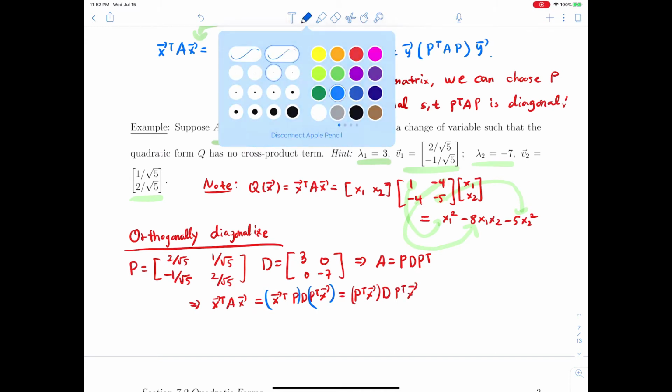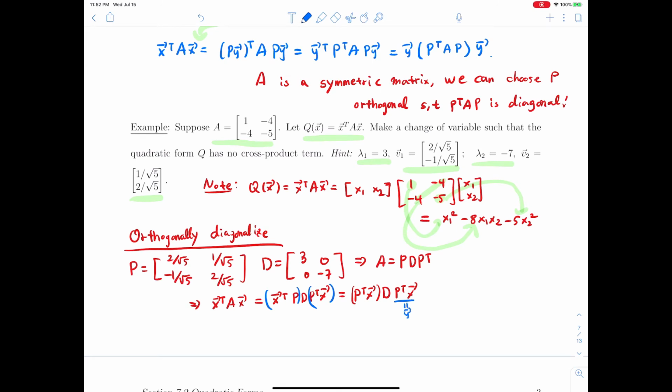So if you regard this quantity as y, or in other words, we have P transpose x equals y, or x equals P y, since if P is an orthogonal matrix, then P transpose is the same as the inverse of P. Then we get y transpose D times y, where I forgot to put the transpose earlier. Because D is the diagonal matrix, this equals 3 y1 squared minus 7 y2 squared.